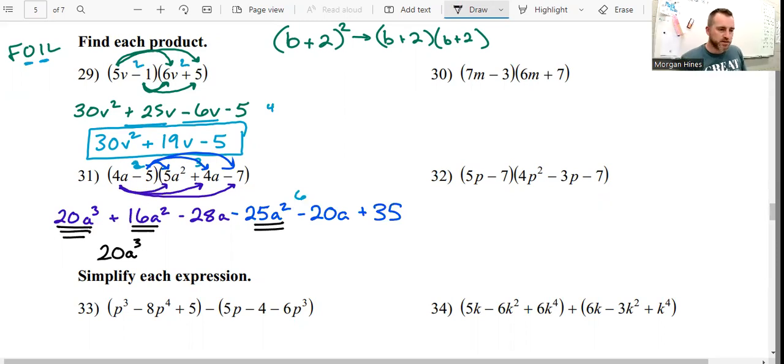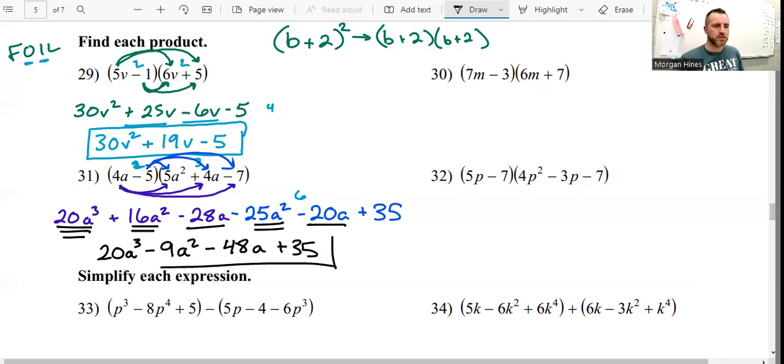So 16 minus 25 is going to be negative 9a squared. And then we've got 2 terms that have just a's: minus 48a, and then plus 35. So it does simplify down into 4 terms, but it had 6 after we multiplied it out.